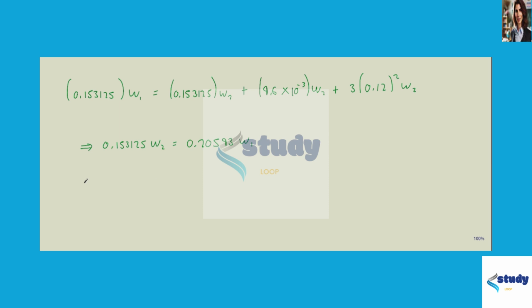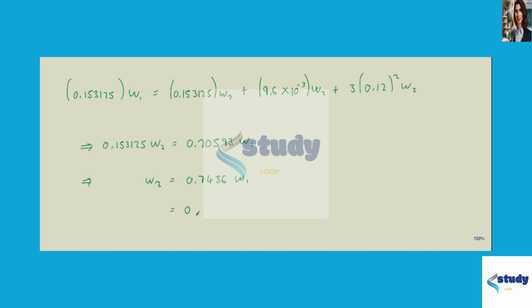And so omega 2 is equal to 0.7436 times omega 1. And omega 1, the initial angular speed, is known.